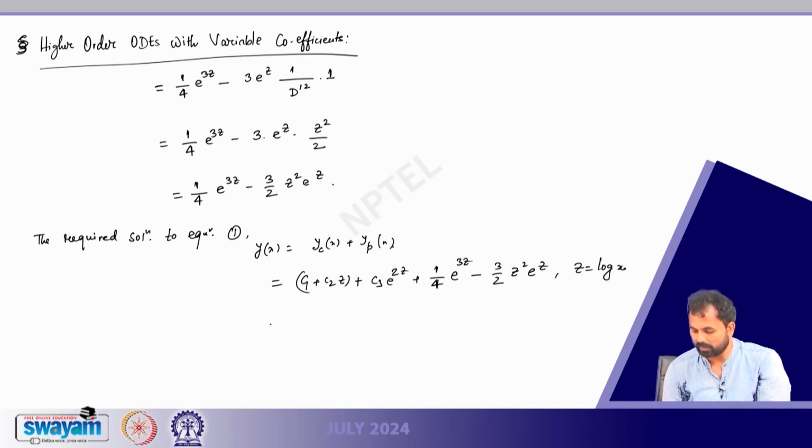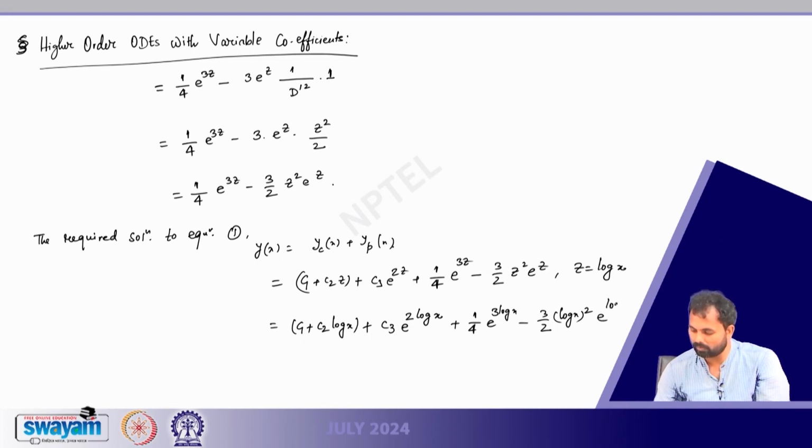So let us keep replacing. This will become c1 plus c2 log of x plus c3 e to the power 2 log of x plus 1 by 4 e to the power 3 log of x minus 3 by 2 (log of x) whole square into e to the power log of x.